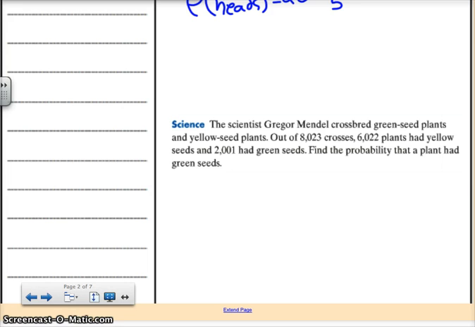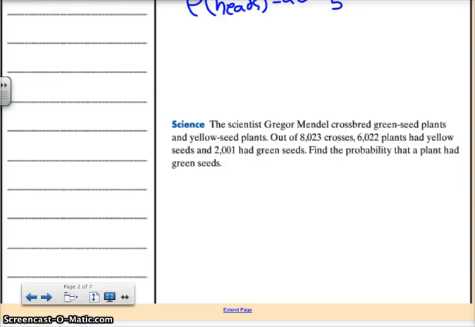The scientist Gregor Mendel crossbred green seed plants and yellow seed plants. Out of 8,023 crosses, 6,022 plants had yellow seeds and 2,001 had green. Find the probability that a plant had green. Is this experimental or theoretical?